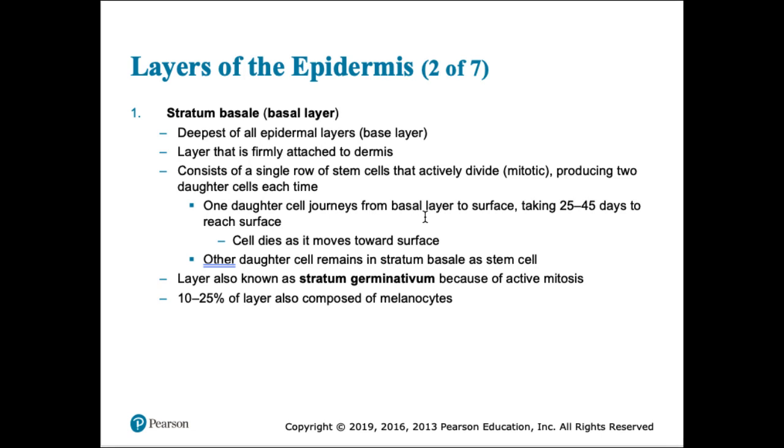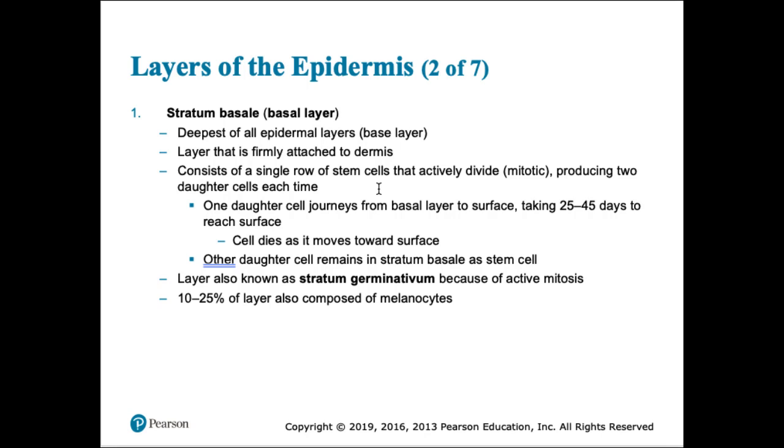Now, it takes some time to do this. It doesn't happen automatically. As that daughter cell divides from the stem cells, it starts working its way up until it gets to the surface. That takes about 25 to 45 days. The cell itself isn't necessarily actively moving up per se.